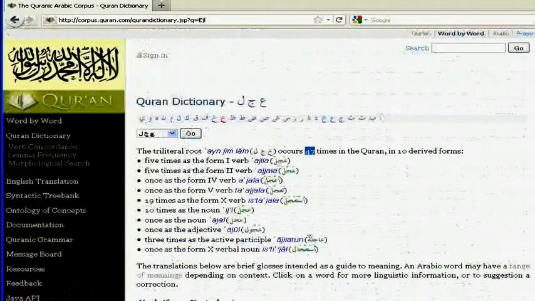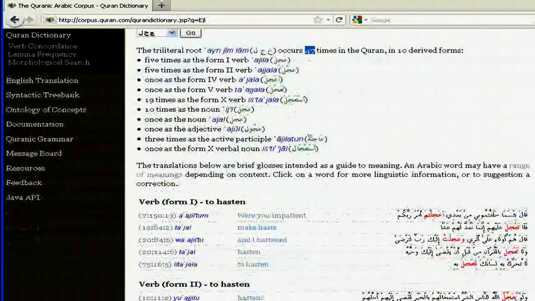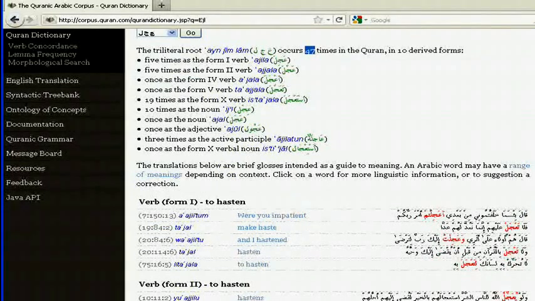So you can see there's a lot of different forms. But what I would like to do is just to go to some of the forms, and obviously it depends on what you want to write down in your notebook and which forms you want to include. If you want to include all of them, it's probably going to take you a long time, but it's worth the while. So we have form 1, that's the base form, the thulathi mujarrad, and we have 5 different usages of the particular verb.